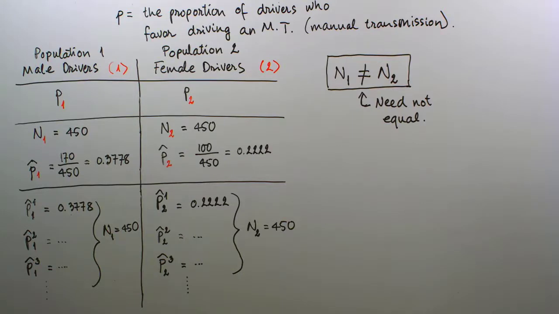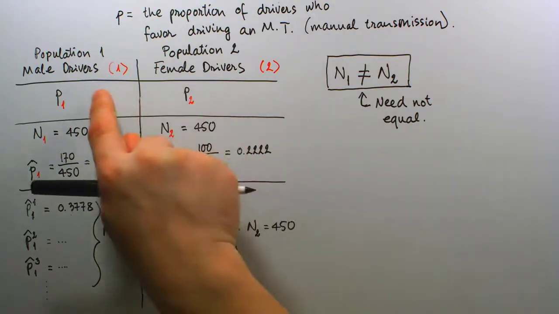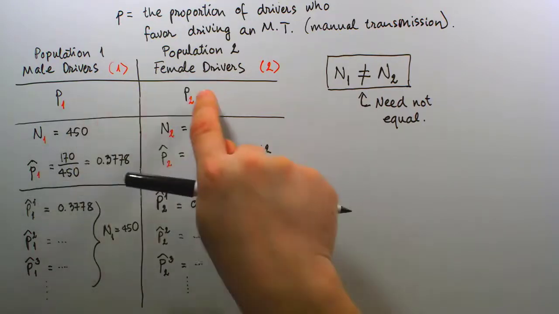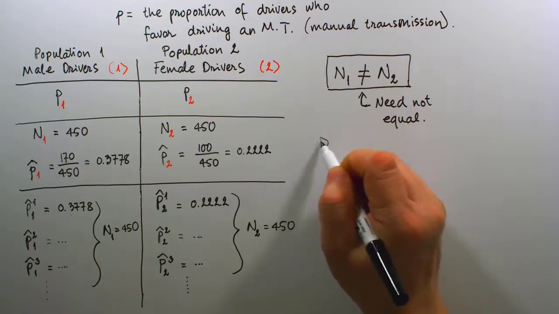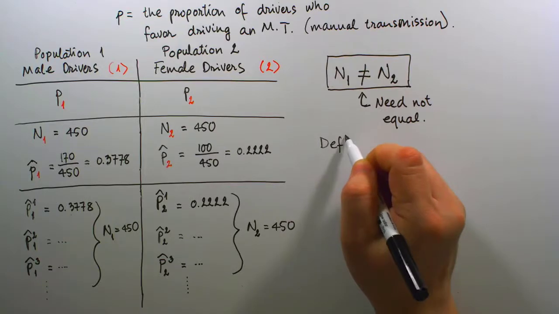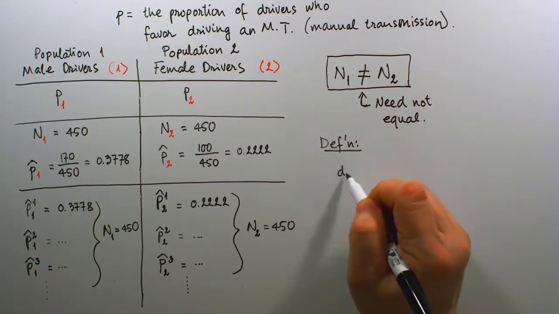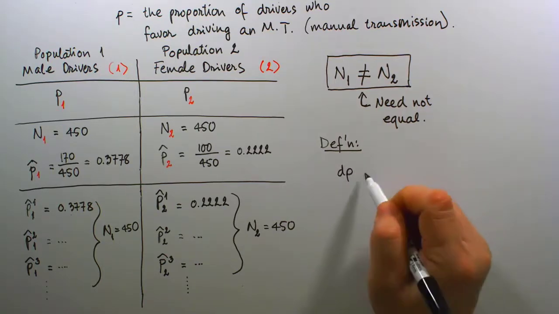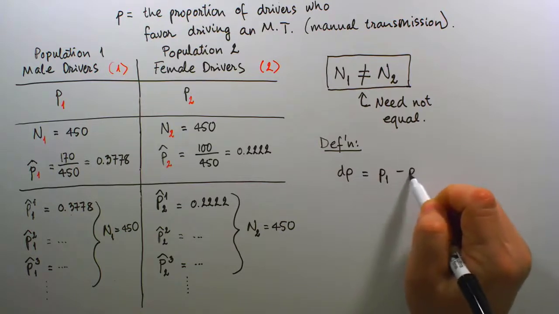And so now, to advance further, I need to come up with another definition. Now that we have investigated what it means to be a p1 and a p2, I specifically define, so it's a definition here, the following quantity, dp, to be the difference p1 minus p2.